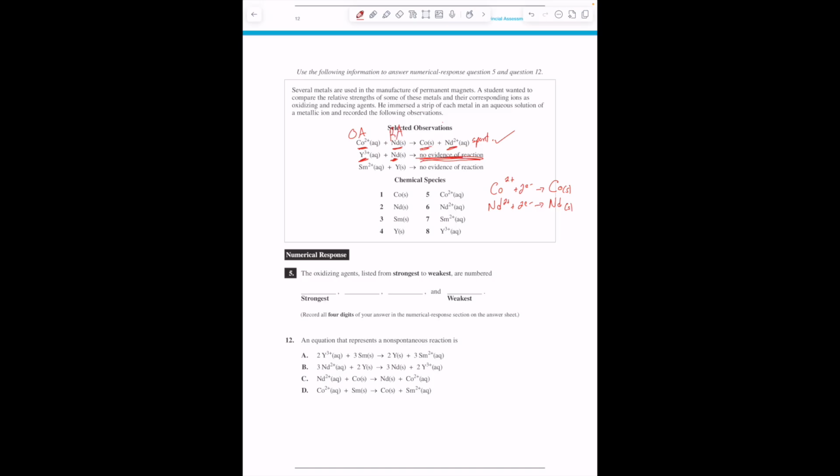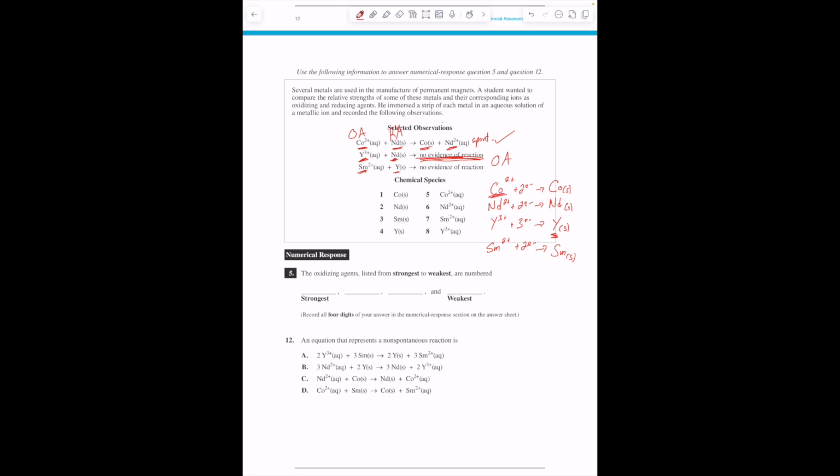So Y3+ has to be below Nd. There's Nd there. So Y3+ plus 3 electrons goes to Y solid. And the last one, Sm2+ is below Y. So there's Y. So Sm2+ plus 2 electrons goes to Sm solid. There. And these are my OAs with my strongest one at the top.